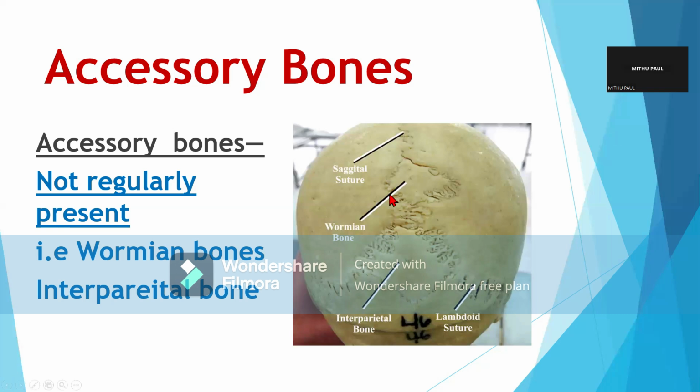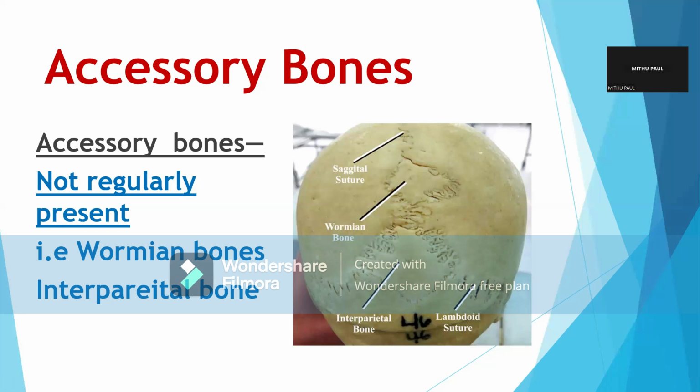This is a picture of the skull seen from the back. These are the suture lines where two bones meet. This is the sagittal suture formed between the two parietal bones. This suture should be straight, with a serrated appearance. But within the suture there is another bone, a very small bone with an individual ossification center.